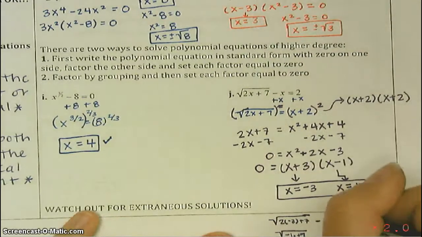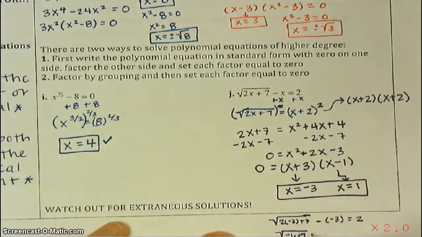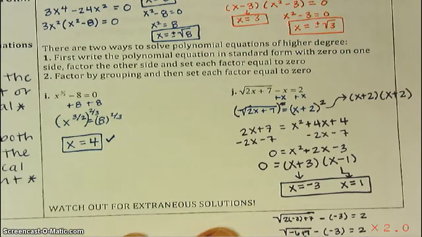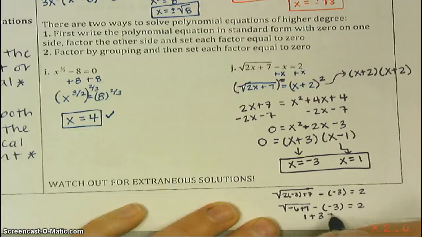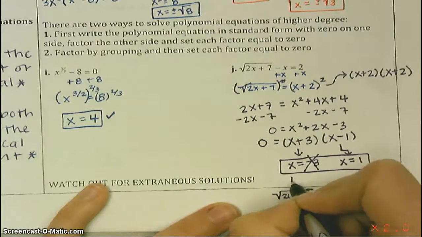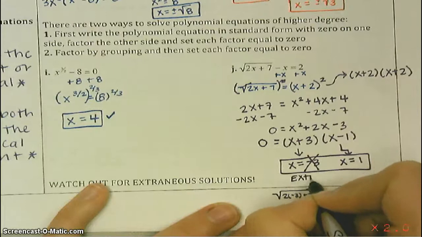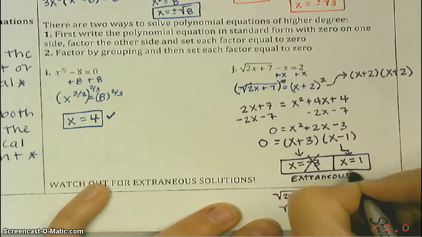So then minus negative 3 is equal to 2. This radical ends up being 1. Minus a negative is a plus, so you get 1 plus 3, and that is not equal to 2, so it doesn't work out. So this is extraneous. So the only solution is x equals 1.